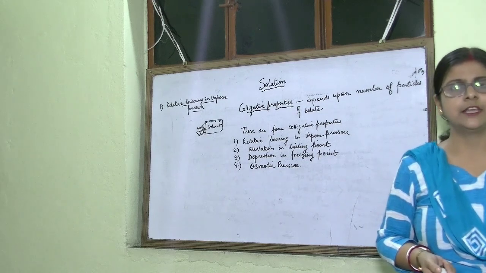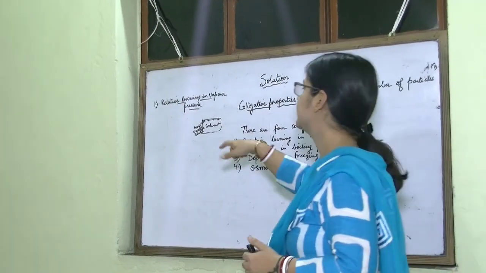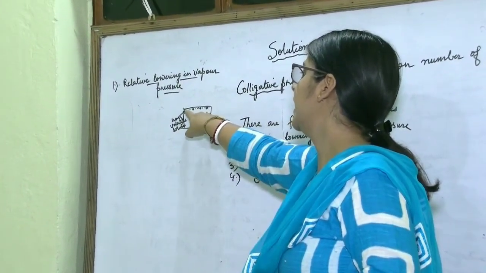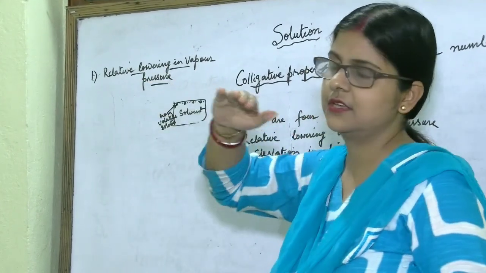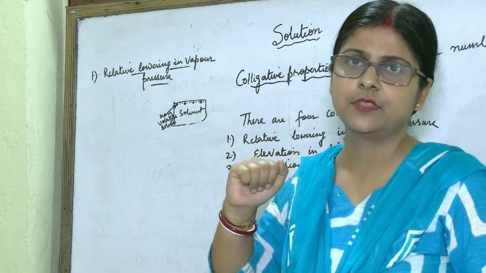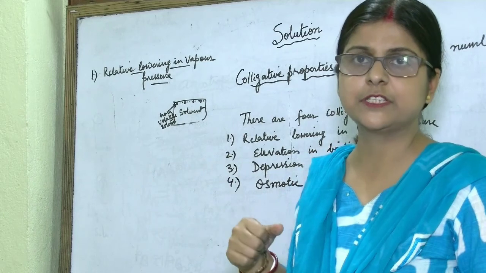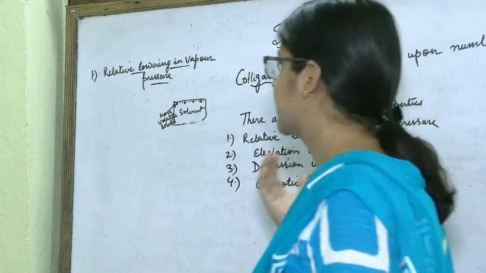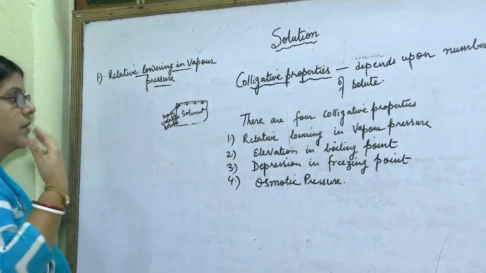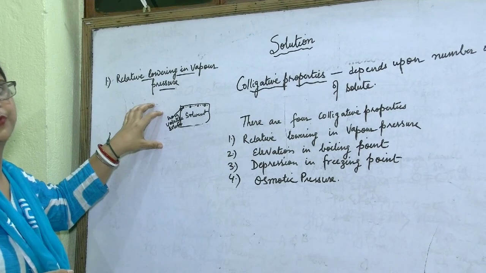Why is the escaping tendency decreasing? Because the solute particles are occupying some of the area of the surface of the container containing the solvent, and they have no tendency to change to vapor state. So the escaping tendency of the solvent will decrease, and fewer solvent particles will change to vapor.